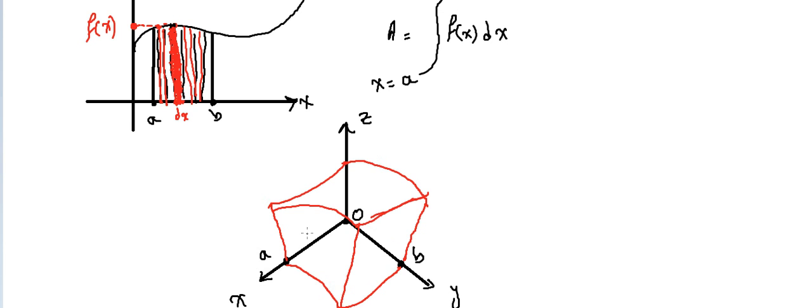What I do depends on what is variable and what is constant, and I will do it in all three ways. I will try to take y as constant, and z is a function in x and y.